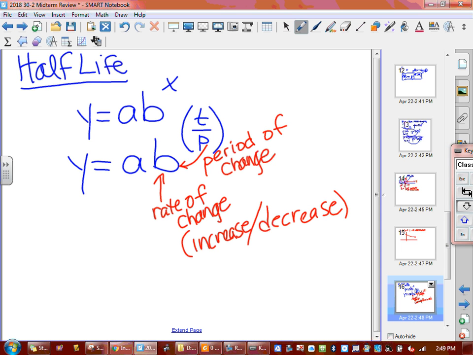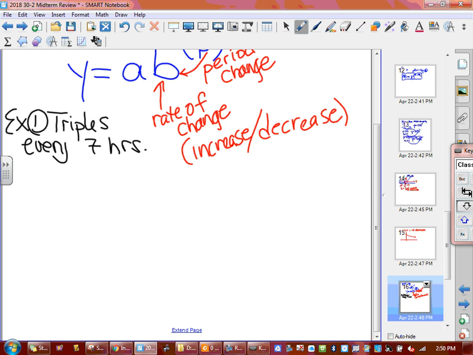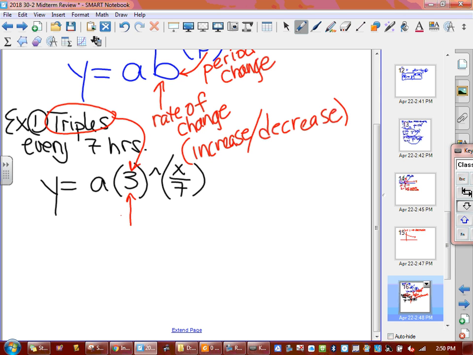So if they're telling you something is tripling every 7 hours, so if I were to write that example, example 1, triples every 7 hours, what I'm going to write is y equals a tripling exponent x over 7. That's what I know about that equation. This is the B number, okay?